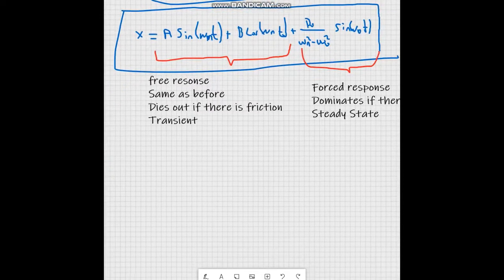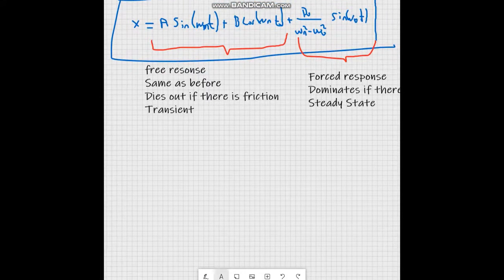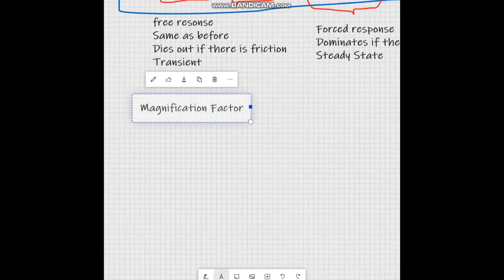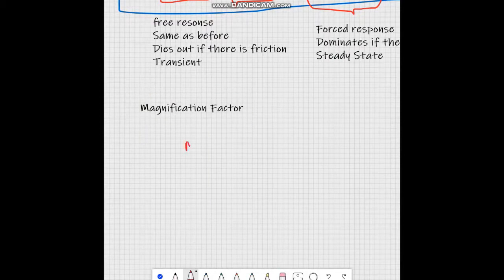For this forced vibration, we have a couple more terms. One of them is the magnification factor. It is shown by MF, which is the output amplitude divided by the input amplitude.